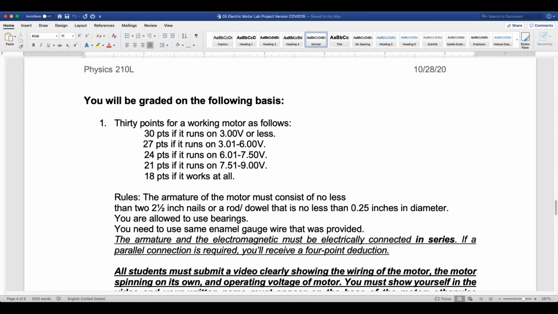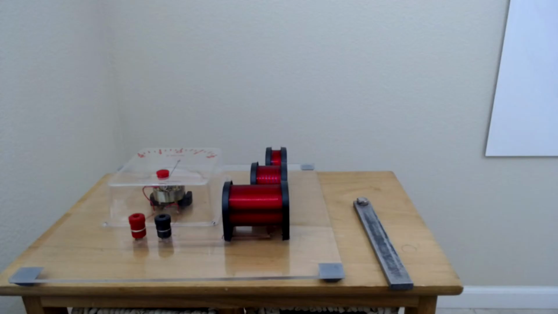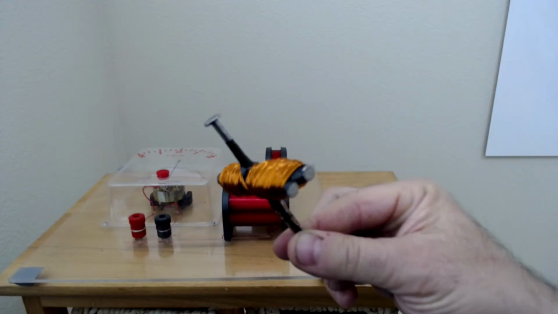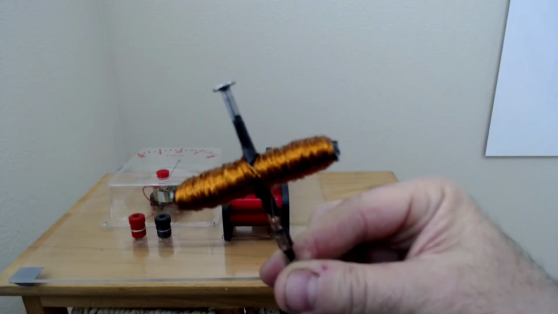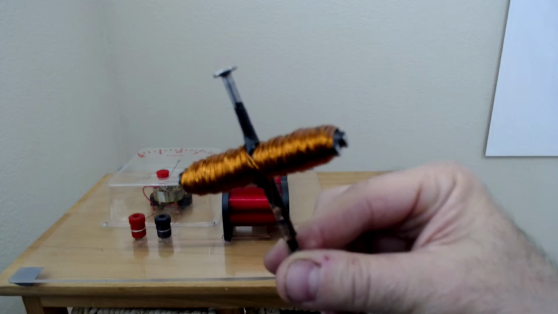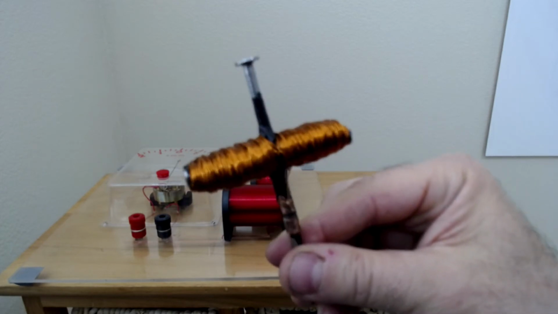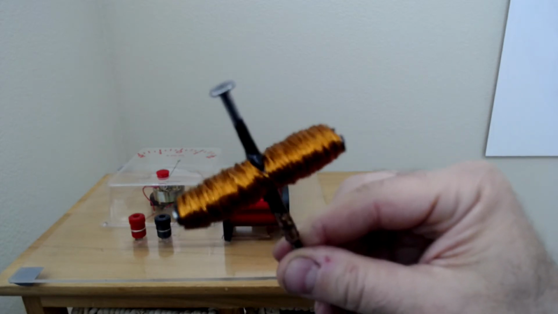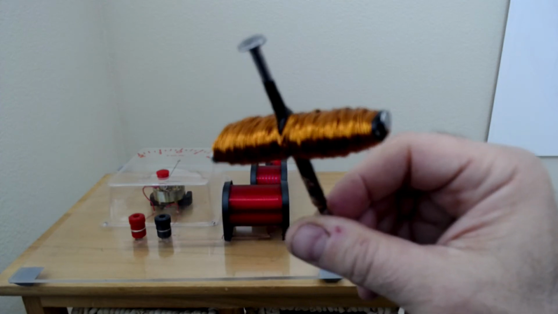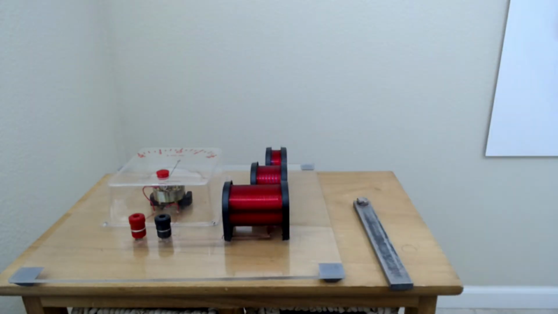There's a couple of requirements you have to meet, but you can wrap wire to build your armature while you're watching TV.